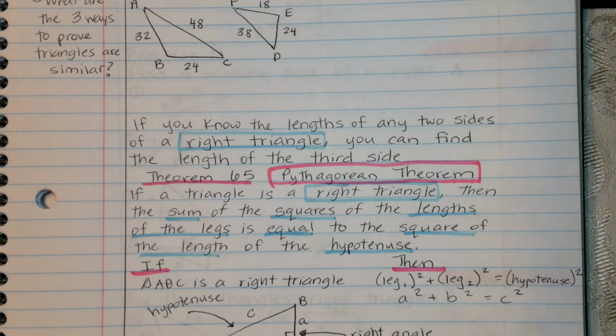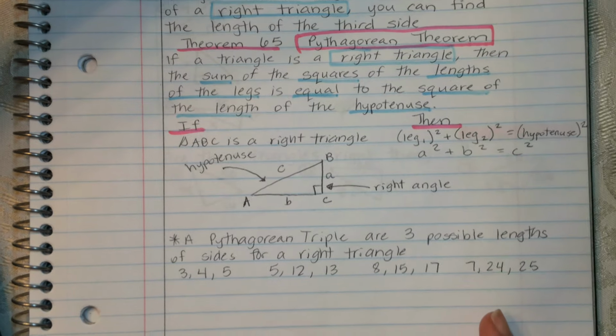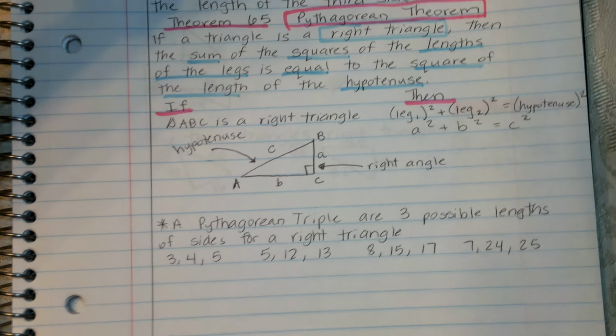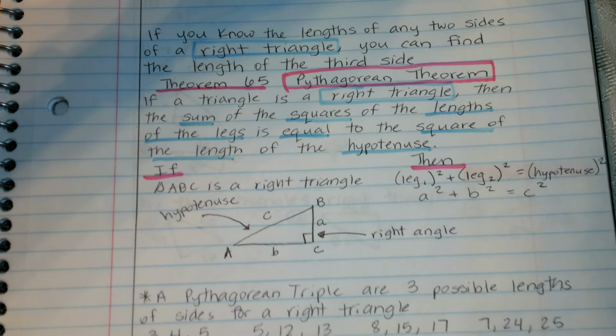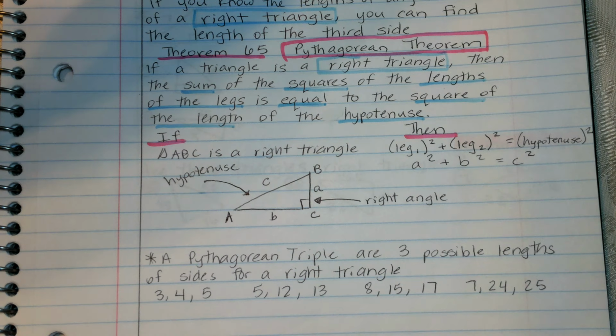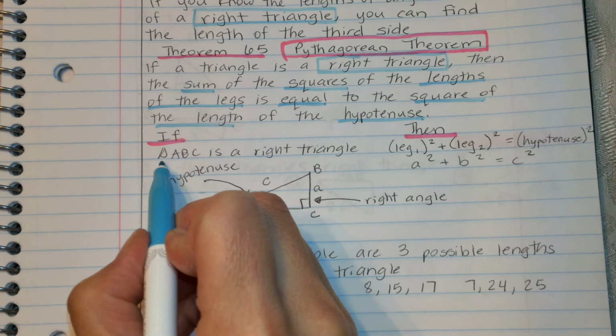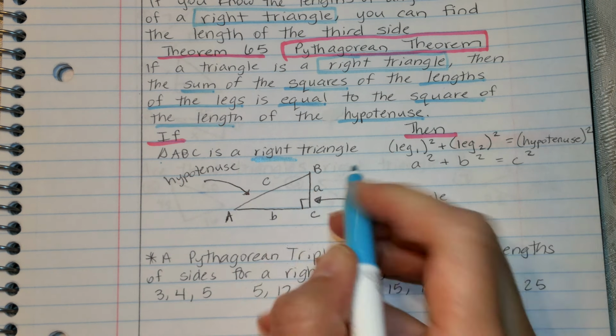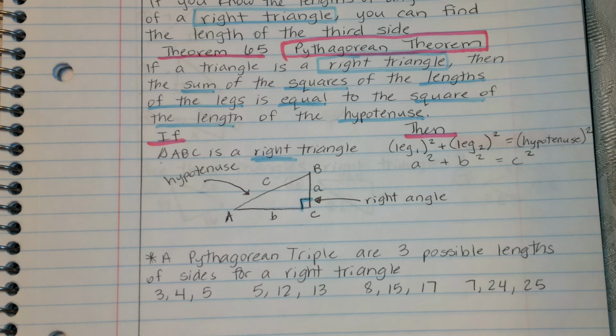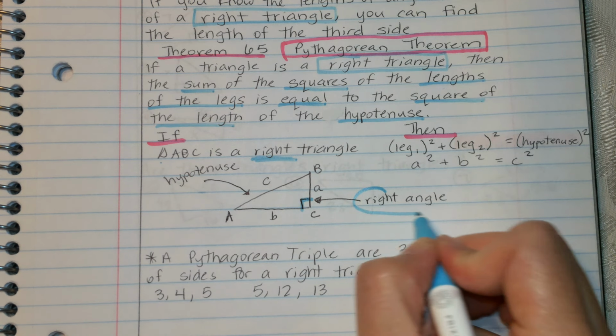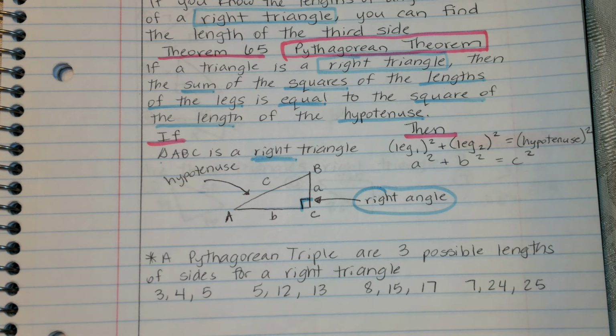So this is what it would look like. Let me move this down a bit. It looks kind of weird, but that way you can see it all. And again, you guys pause it as you need to. It says if triangle ABC is a right triangle. I know it's a right triangle because of that right angle, 90-degree angle.